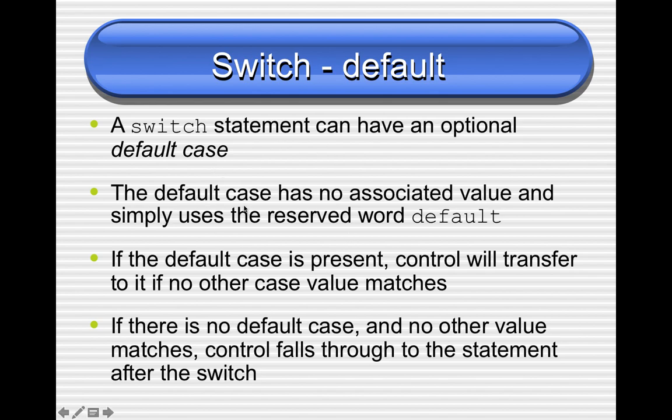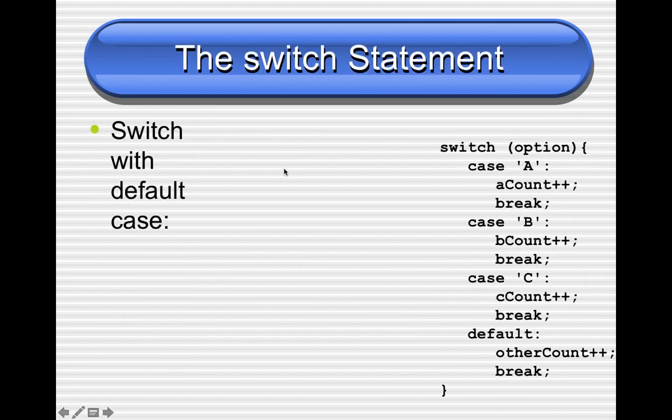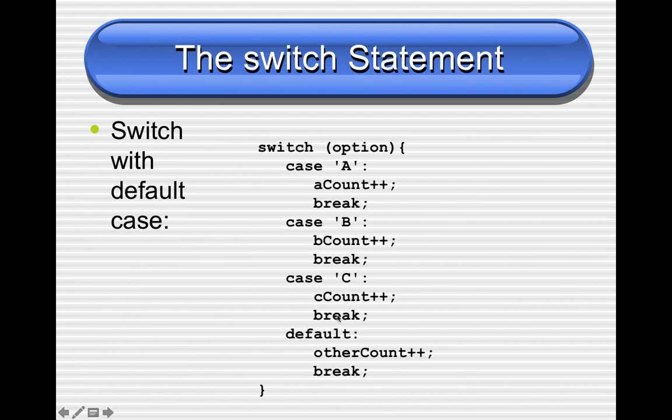The last part of the switch has no associated value, in case none of the cases was true. Usually you can have a default statement, which is optional. This means that if none of the cases was true, it will go to the default. So if it's not A, nor B, nor C, it will go to the default.